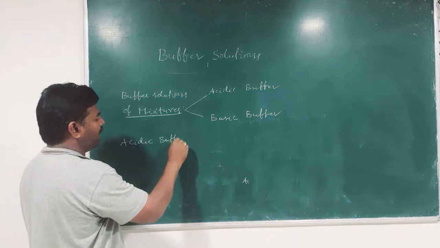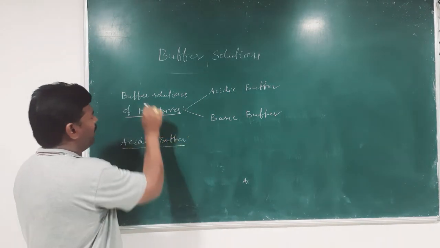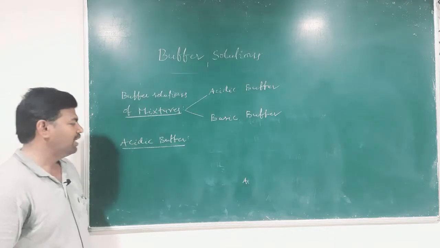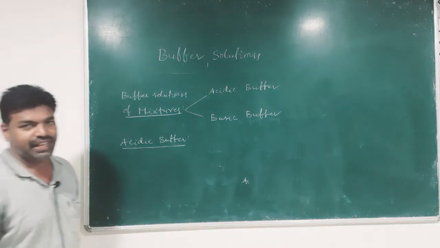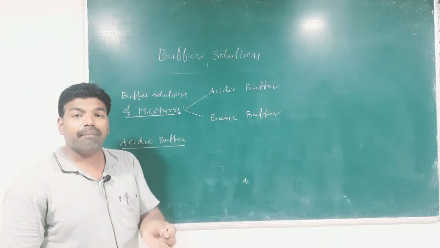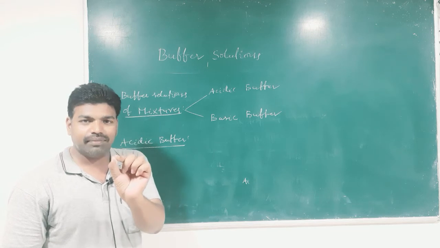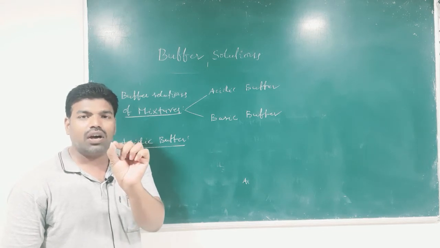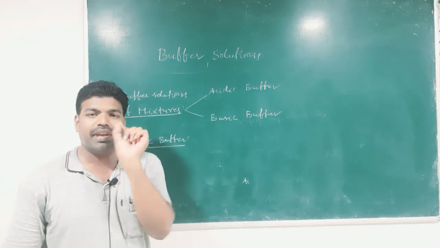Acidic buffer is an example of buffer solutions of mixtures, and an acidic buffer is a solution of a mixture of a weak acid and a salt of a weak acid with a strong base.